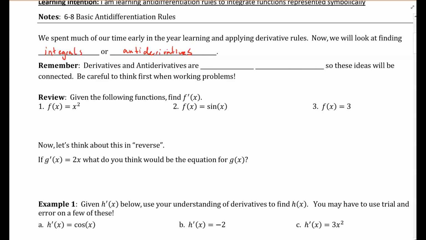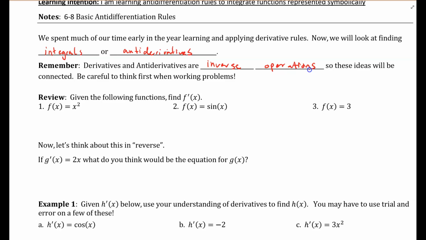Now remember, derivatives and antiderivatives are inverse operations. So they undo each other, and we would expect to see that these ideas are connected and that they have a relationship when we do this.